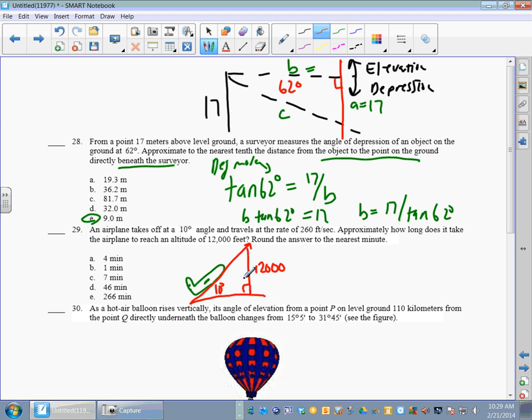So what are you going to find? Yeah, what would be the hypotenuse? What trig function would you use? Yeah. So sine of 10 degrees equals 12,000 over C. So what do you get?